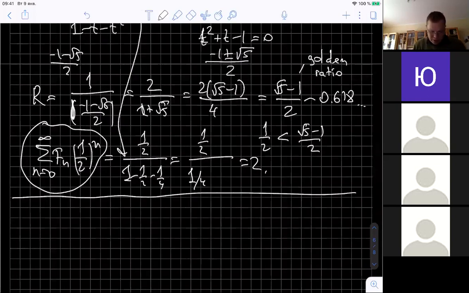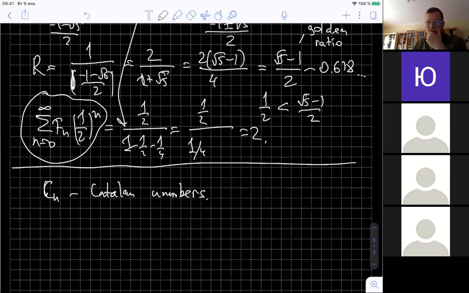Now I remind you that we have Catalan numbers. We can define them in different ways, like the correct positioning of n pairs of brackets, for example.